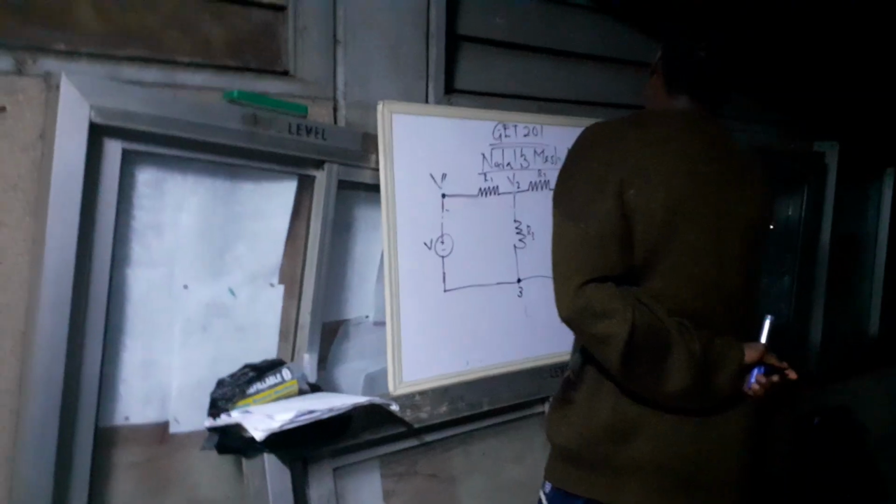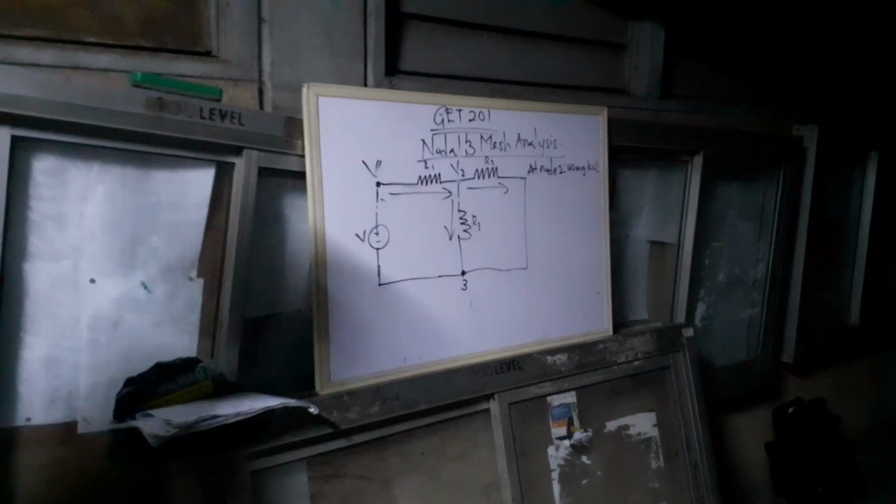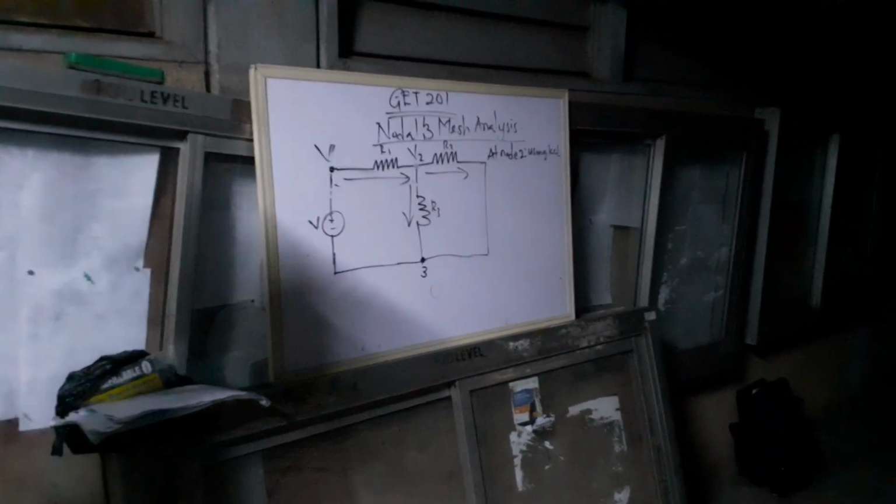So at node 2, using KCL. What's KCL? The current entering must be equal to the current coming out, right?